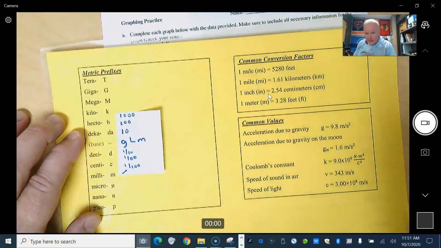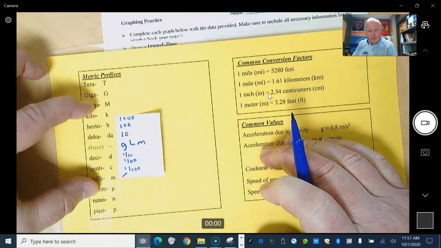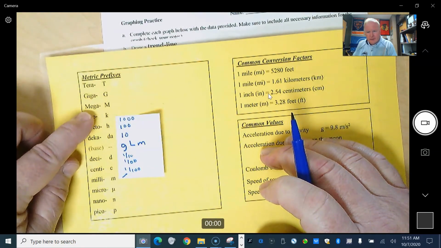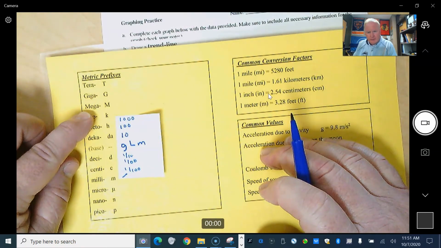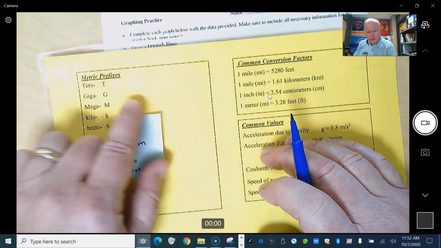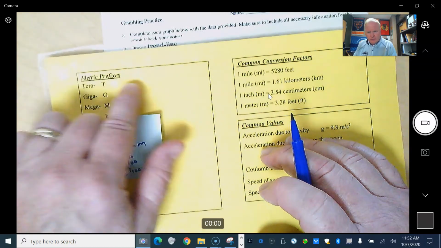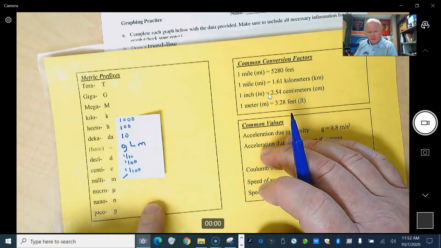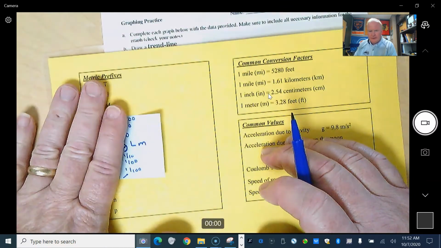After we go outside of that initial beginning up and down, we start adding 3 zeros for mega. So instead of 1,000, this will be 1 million, and we'll add 3 more zeros for giga and 3 more zeros for tera. Same thing on the way down. Add 3 zeros for micro from the 1,000. All right, so that's that.